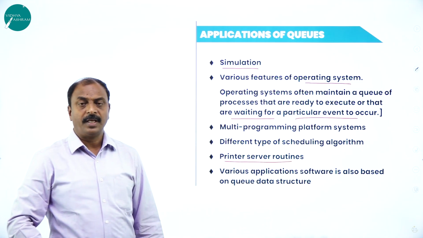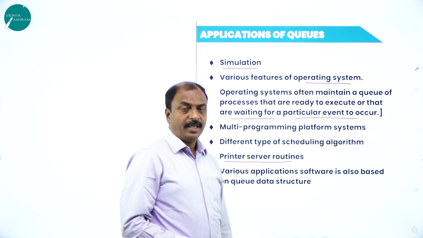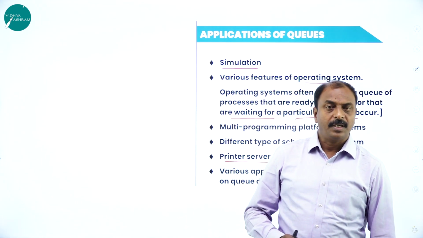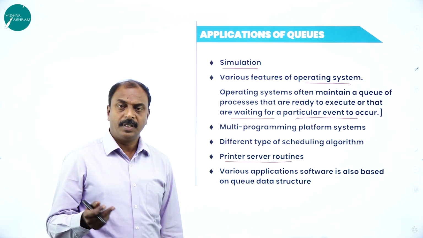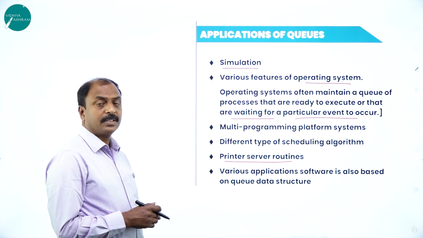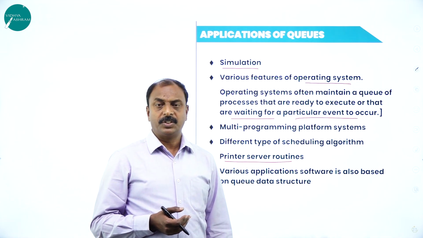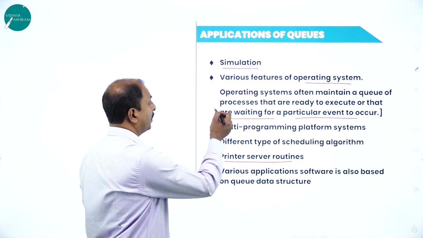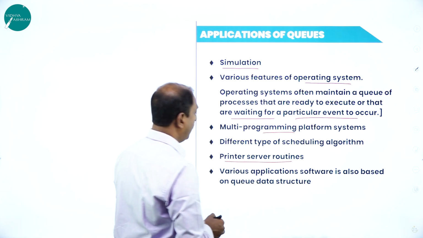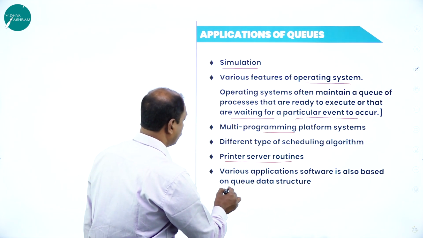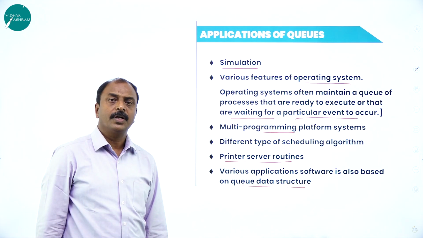If there is one printer with a number of systems connected to it, and printing commands are given by different computers, all will be in a queue. Whichever computer's signal goes to the printer first will be executed. That is an example of queue operation. Similarly, multi-programming platforms as well as application software are also based on the queue data structure. These are all different applications of a queue.